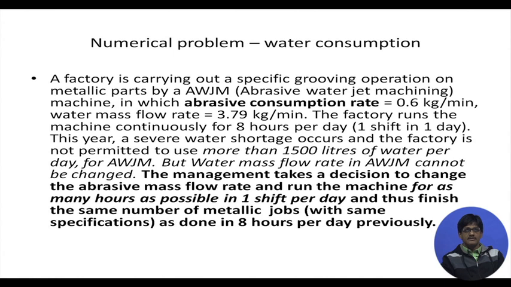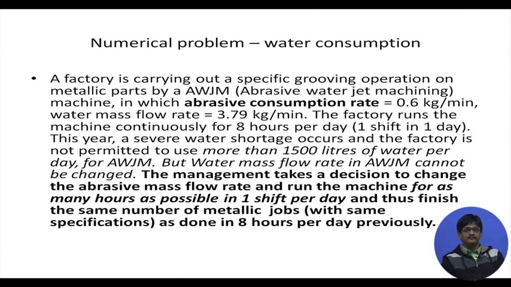The factory runs the machine continuously for 8 hours per day. This year, a severe water shortage occurs and the factory is not permitted to use more than 1500 liters of water per day for abrasive water jet machining. So, the idea is very clear. 8 hours of work was being done previously, and now suddenly it is shortened because they cannot use water more than 1500 liters, and therefore the number of hours of work has to be shortened.